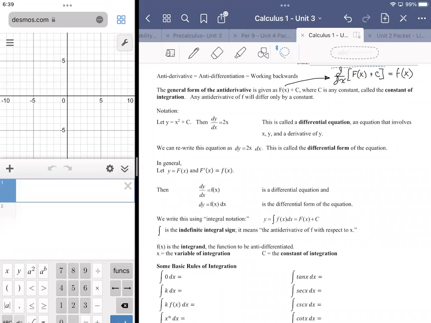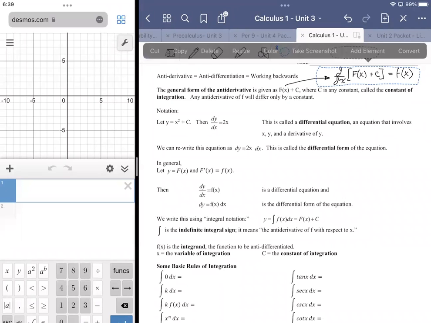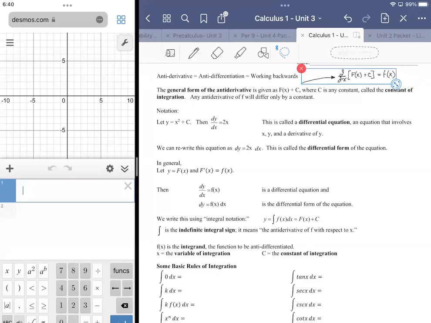I'm just going to reduce this inside a little bit, or as I say, schmidge it down.